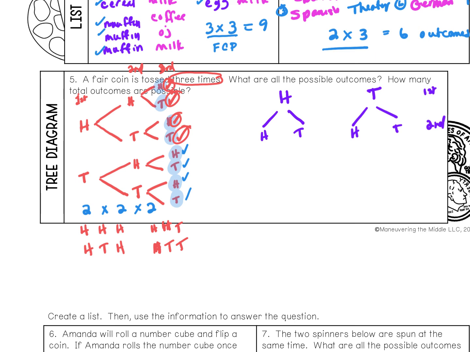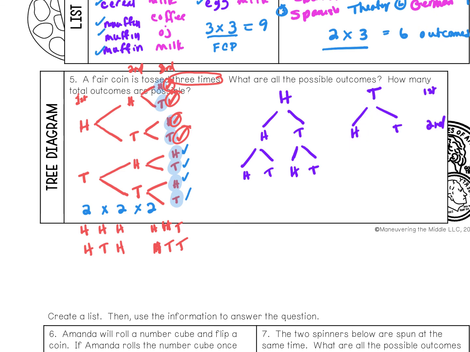And then on this third toss, I'm going to start where I stopped, heads and tails. And if I had tails in the second row, I would have, again, heads as one of the choices, and tails. And now we're going to do the same thing from the branch that comes off of the tails.